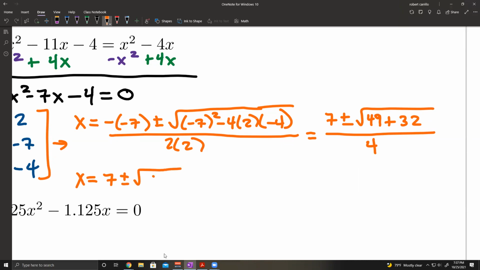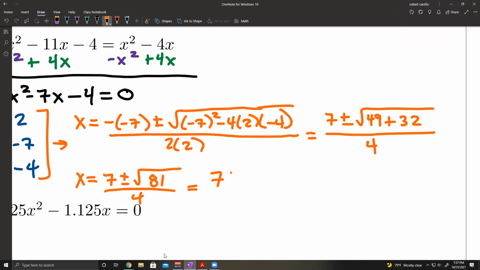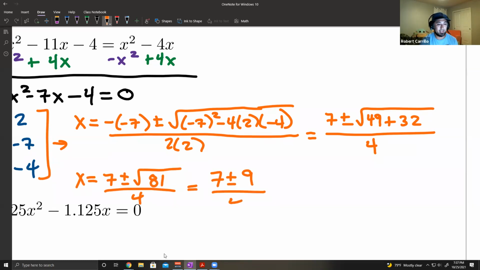81. Yeah, 81. Good. All over 4. Oh, this is going to be a good one. What is the square root of 81? 9. We finally get a nice one. Look at that. 7 plus or minus 9 over 4.